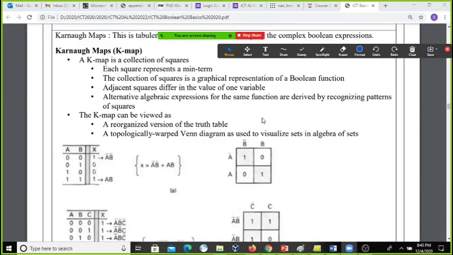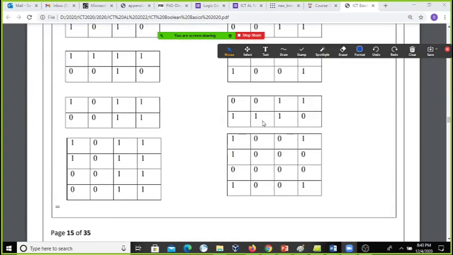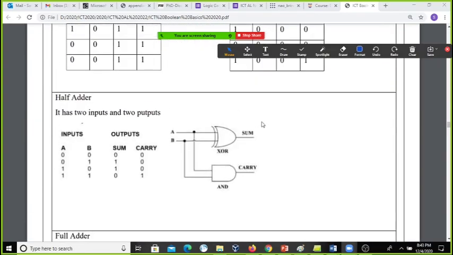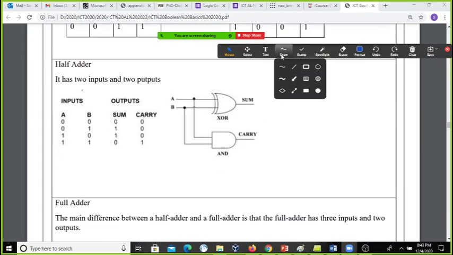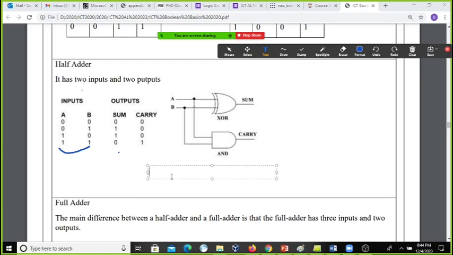Similarly, you can assume here, this is the input and this is the output. So then for the sum, you can write the Boolean expression. So sum will be equal to which one?